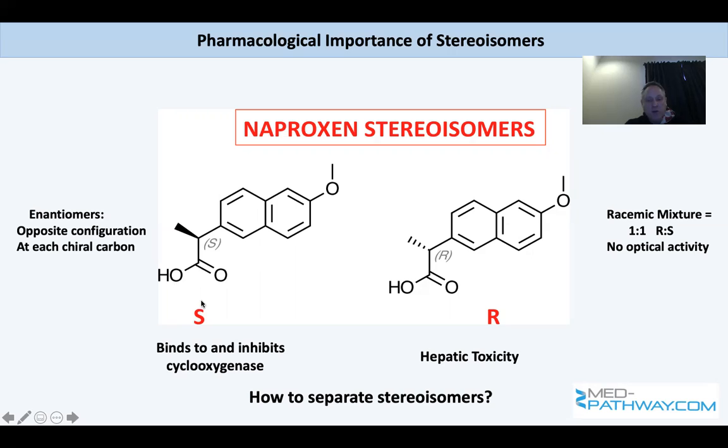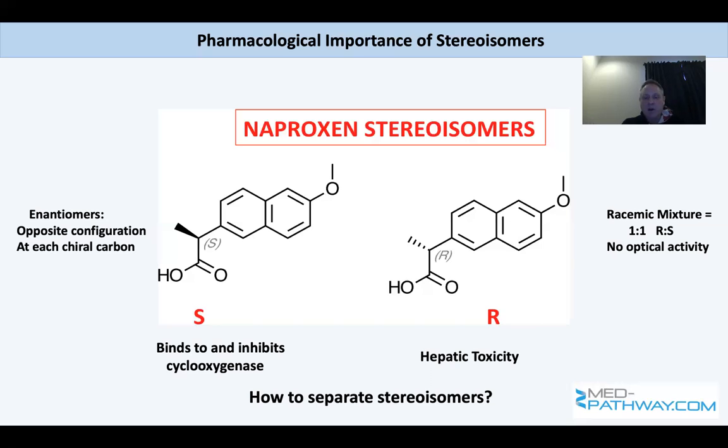But the S version is the pharmacologically relevant version. It binds to and inhibits the cyclooxygenase enzymes, and this, of course, gives rise to its therapeutic effect. But the R version is toxic. So in chemistry, when you synthesize these things, you often get both products formed. So the question is, how do you separate the stereoisomers? This is actually on the AAMC MCAT content outline.